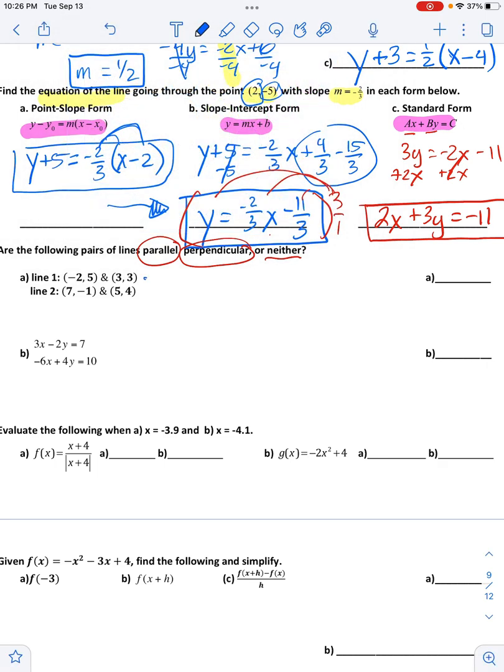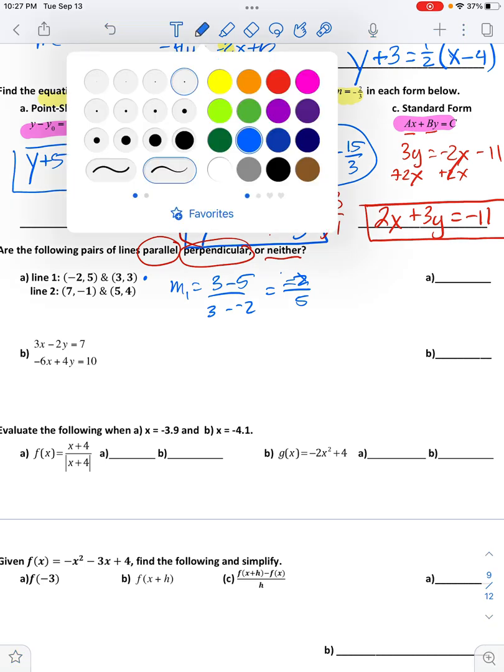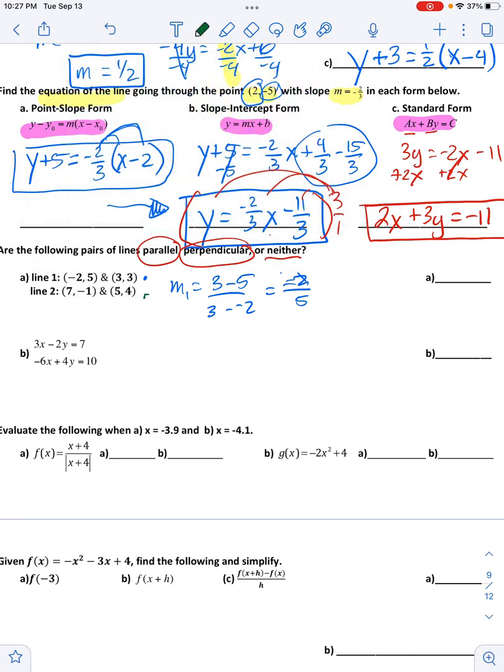So here, I'm going to find the slope between these two. So I have y2 minus y1 over x2 minus x1. So that turns into a negative 2 over 5. My pen's pooping out on me here. And then when I find the slope of this second line, I'm going to have y2 minus y1 over x2 minus x1.